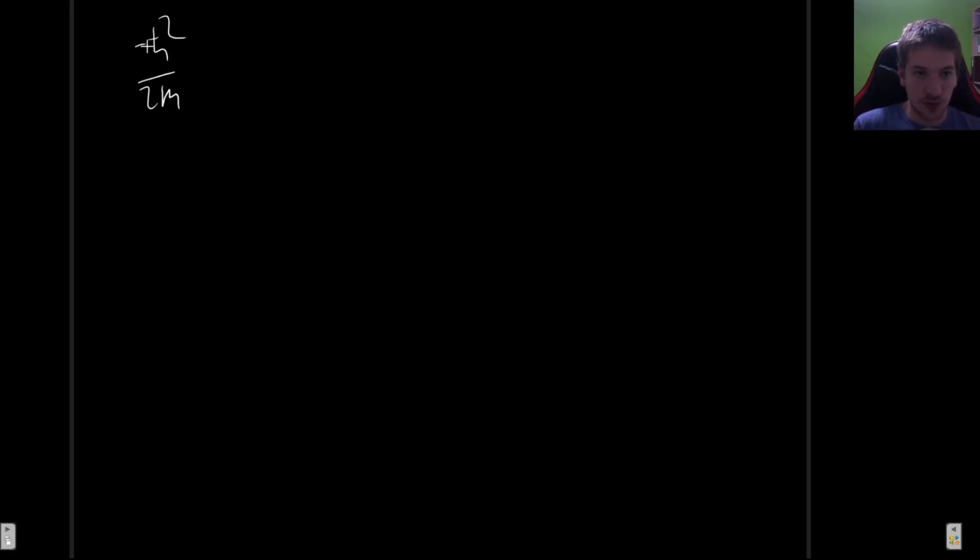So it's just going to be minus h bar squared divided by 2m psi prime prime, the double derivative with respect to x, plus the potential times psi, but the potential is just 0 in these regions. So this is going to be equal to the energy times psi.